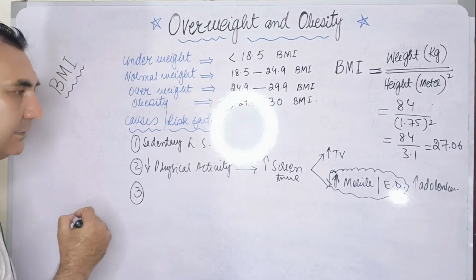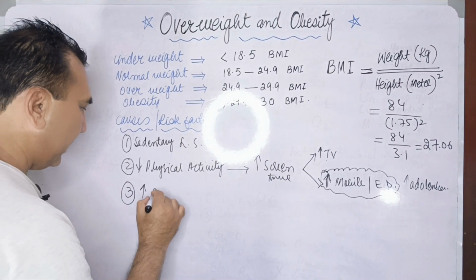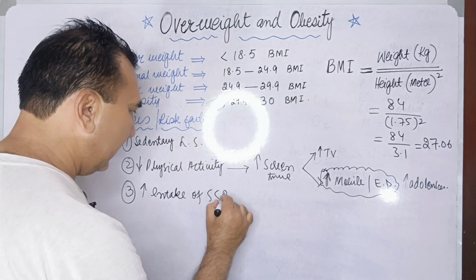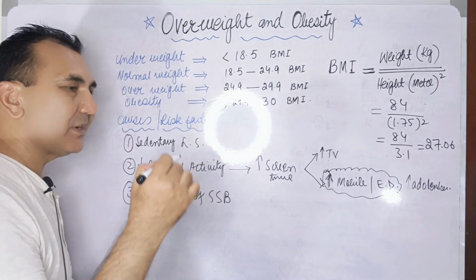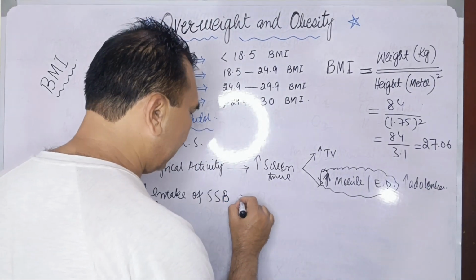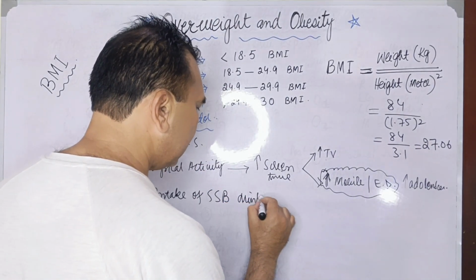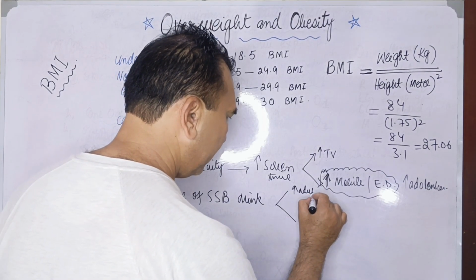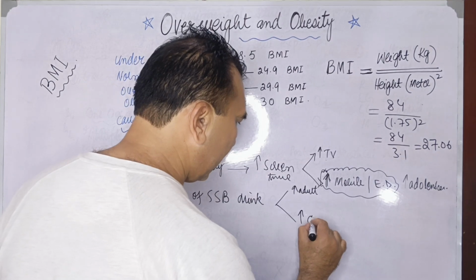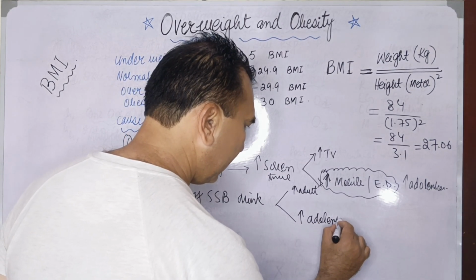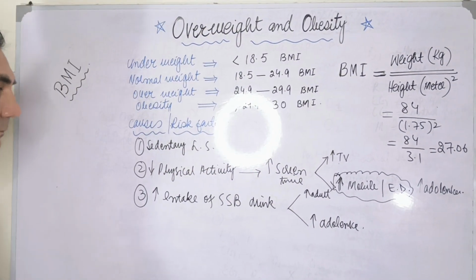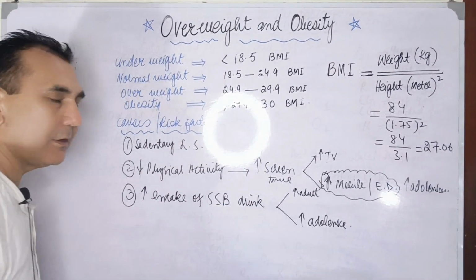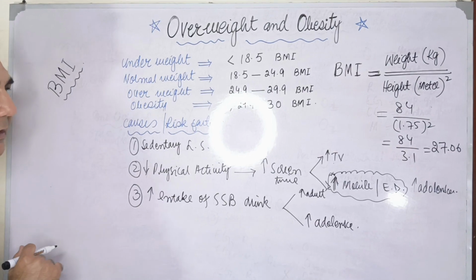And the next one is a high intake of SSB, sugar-sweetened beverage drinks, which has increased, especially in the adult population and especially in the adolescent age group. It only gives the calories but not the nutrients to the adolescents.